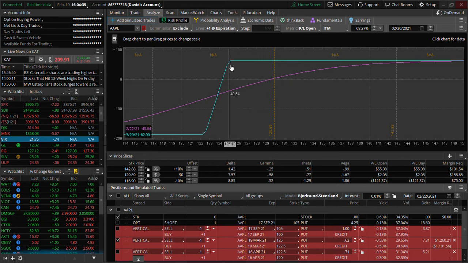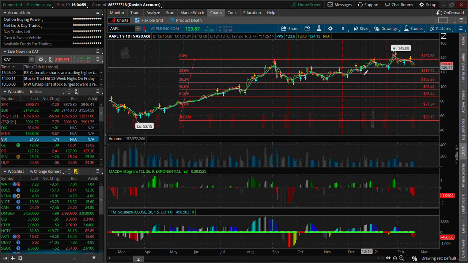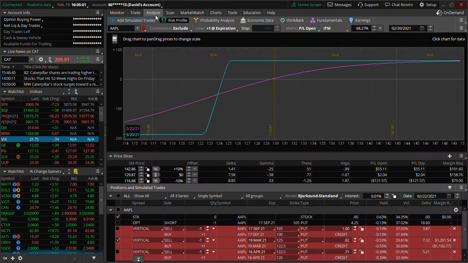You have to look at this as two separate trades. You're short the 125 and you're long the 122.5. So if this stock goes down, and not by a lot, this is about $5, and as we've shown, Apple moves around a lot, and $5 is really not a big move for Apple.